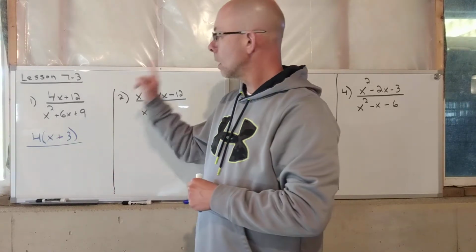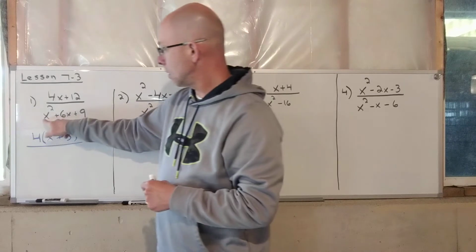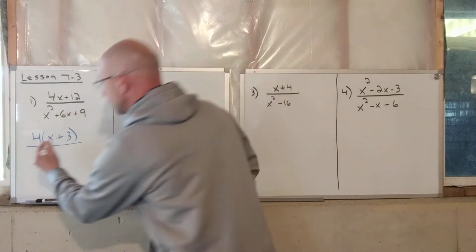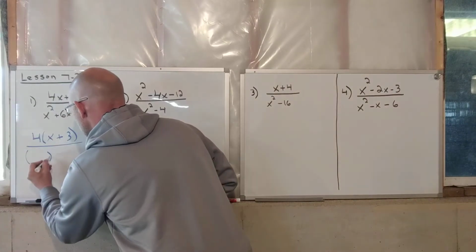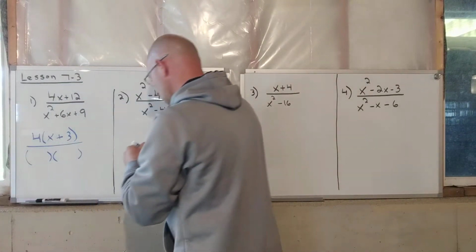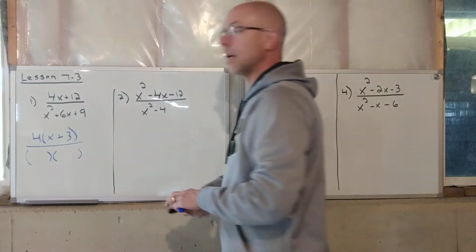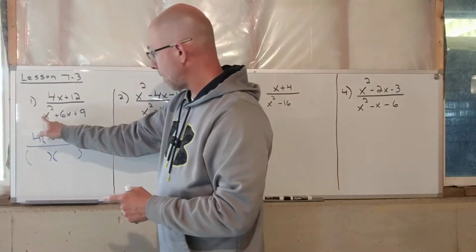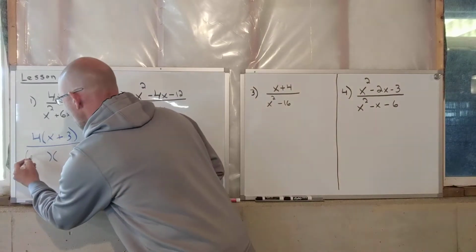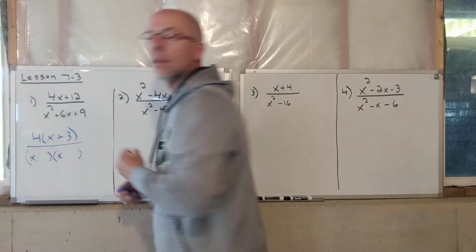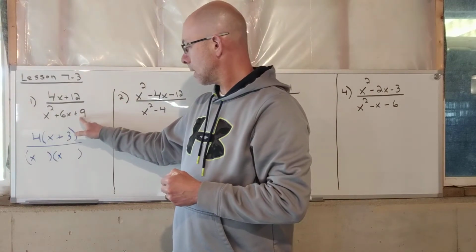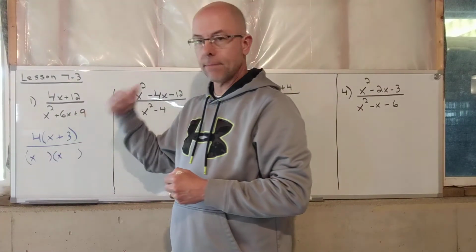That's done. This denominator, x squared plus 6x plus 9, is a trinomial. I try to break it up like so, and this will work fine. If that's x squared, that's x and x. And what comes to mind when I see the number 9, because I think about what multiplies to 9, is 3 times 3.